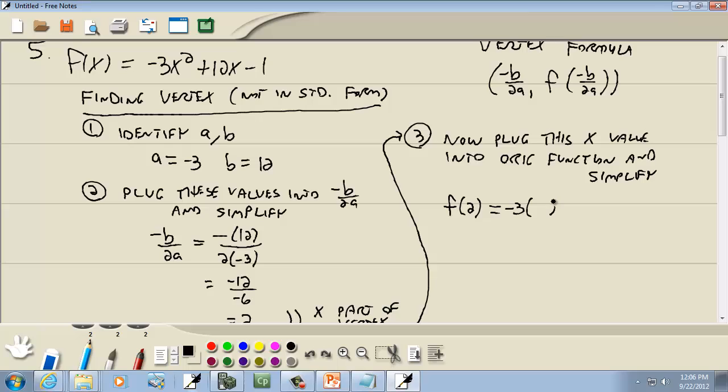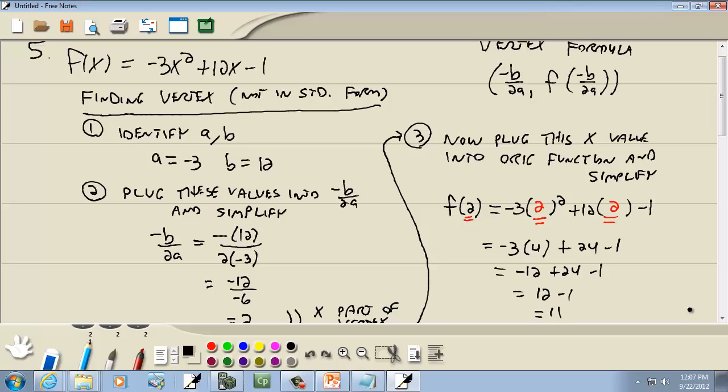Remember, evaluating a function, everywhere you have an x, you put in parentheses. And then we're going to plug in 2 inside of those parentheses. Well, we got negative 3, 2 squared is 4, plus 12 times 2 is 24, minus 1. That gives us negative 12 plus 24 minus 1. Negative 12 plus 24 is 12, minus 1, which gives us 11.